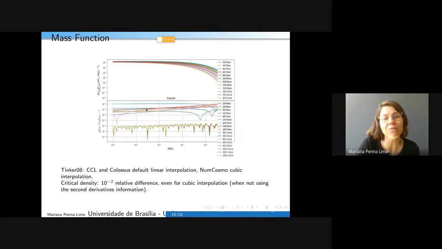So this is something that I believe is really important, because in this case we obtain a relative error of about 10 to minus 2, for example, in this region. This region is really important for cluster cosmology. We have here 10 to 13 solar masses. So this is the range relevant for cluster cosmology or cluster mass estimation.